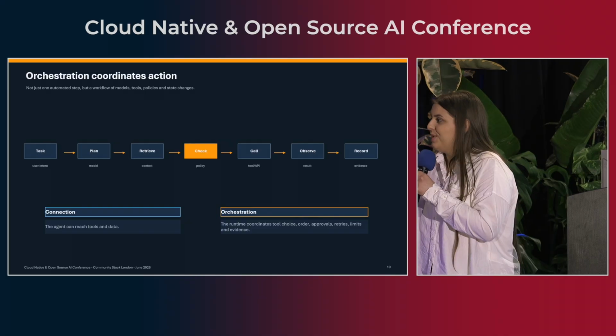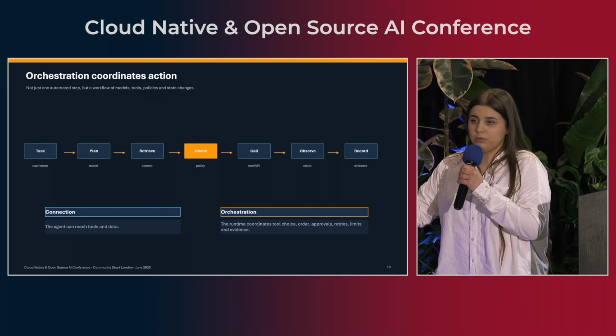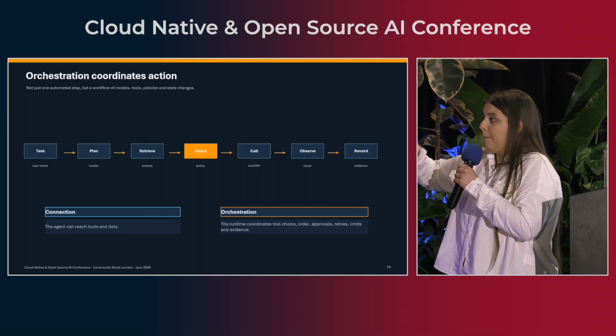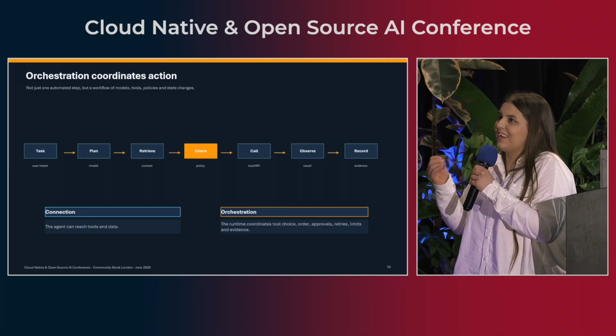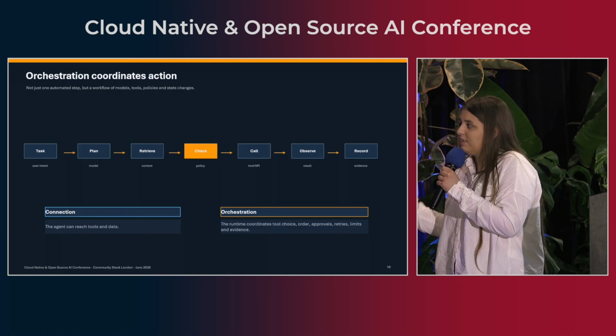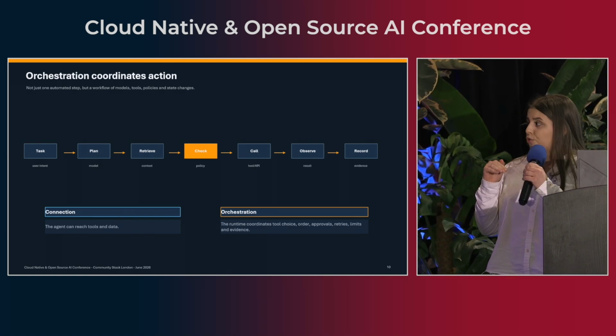So, okay, we connect our agent to our tool. Great, it can now execute some stuff. Then we want to plan for the model, like what do you need to do? We give the exact instruction, and then it starts retrieving, checking policies, calling the API. That is a great flow, unless you have a drift in your system.